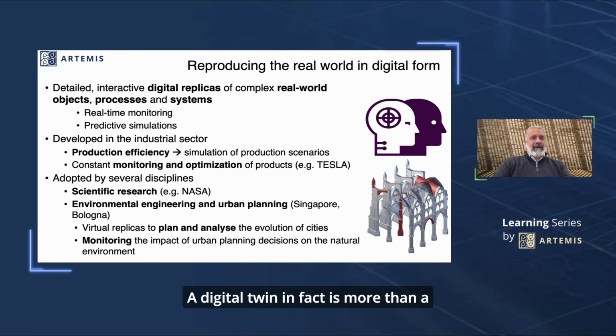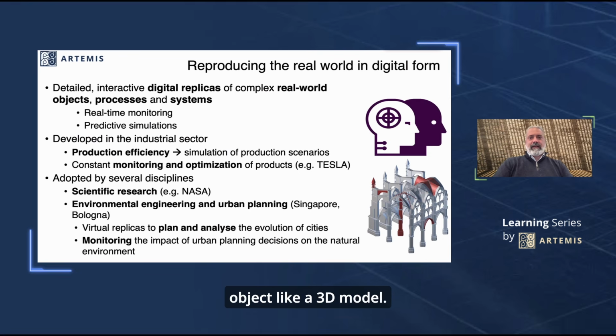A digital twin, in fact, is more than a static replica of an object, like a 3D model. On the contrary, it is an interactive, living digital artifact that constantly reproduces and simulates the behavior of the real object, potentially in all its aspects.